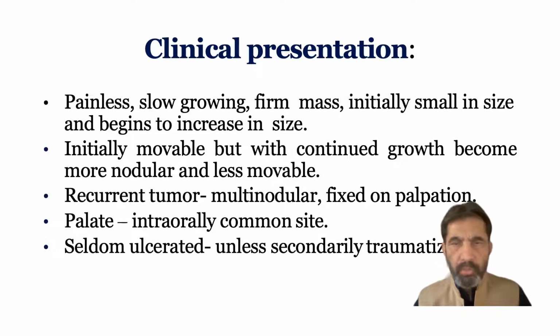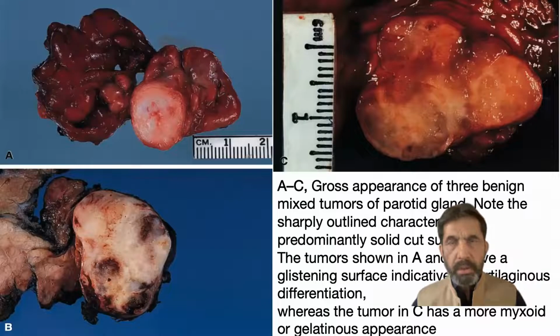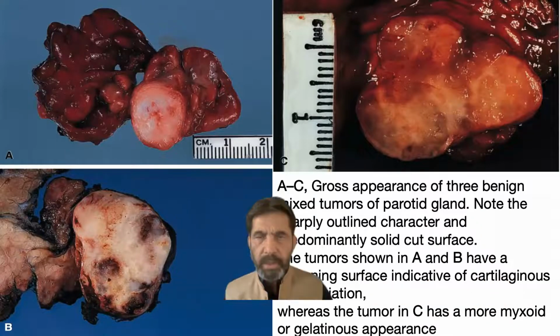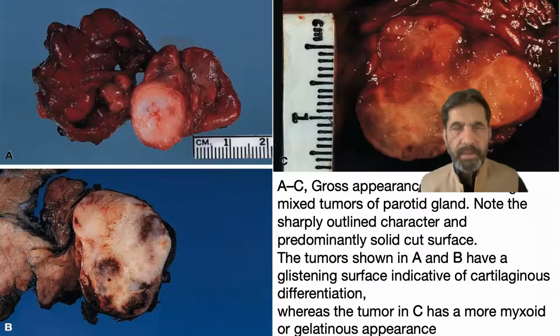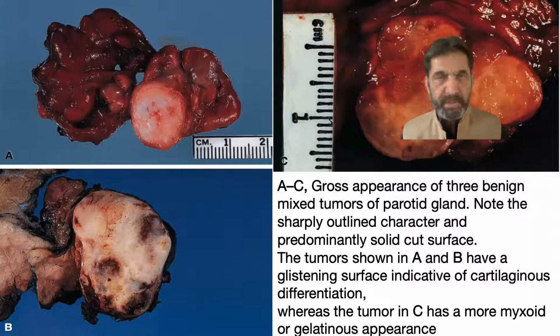Recurrent tumors are multinodular and fixed on palpation, and may occur on the palate intraorally, seldom ulcerated. This is the picture, and if you see A and B, they are white, glistening areas.